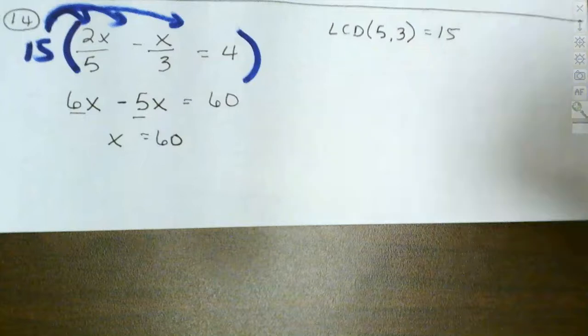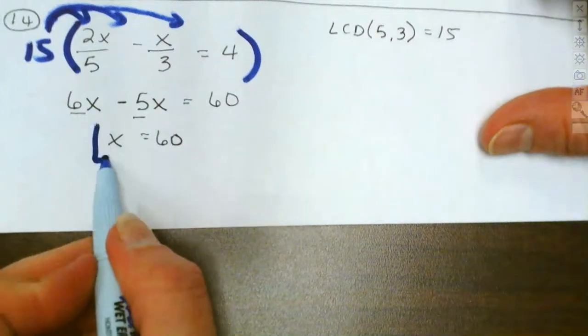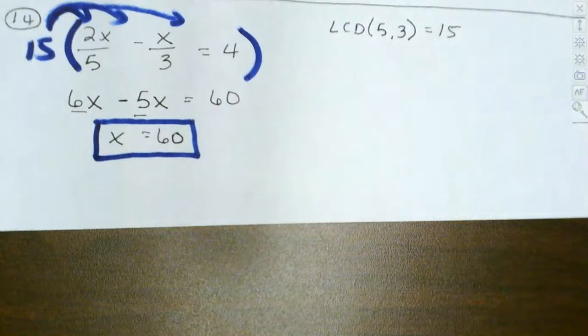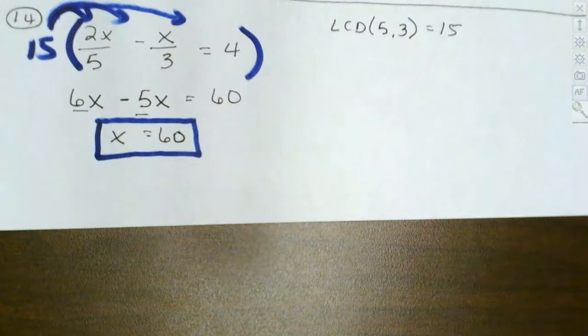And that is your final finished answer. And this would be a conditional equation. Is everyone kind of okay with what we did? So what did we do? We found our least common denominator, and we used that then to clear out all of our fractions.